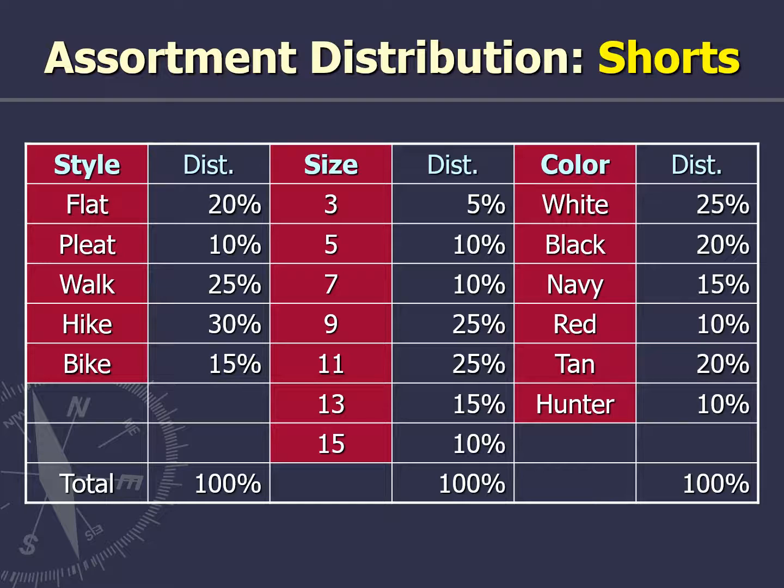In terms of color, let's say the buyer believes that white will be the most popular at 25%, followed by black and tan at 20%, navy at 15%, and red and hunter are going to be the least popular with a 10% ratio. In this manner, the buyer plans the assortment distribution for each of the assortment factors.